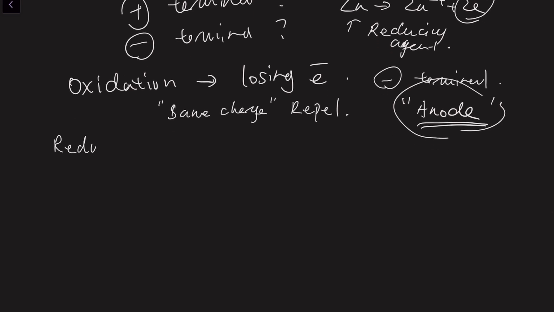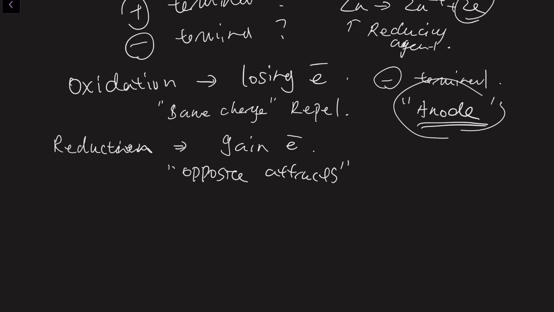For reduction, we know that it's gaining electrons. So opposite attracts. This means when something attracts something negative, it must be positively charged. So the site of reduction is the positive terminal.